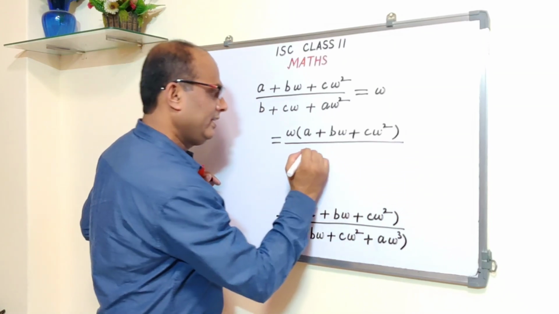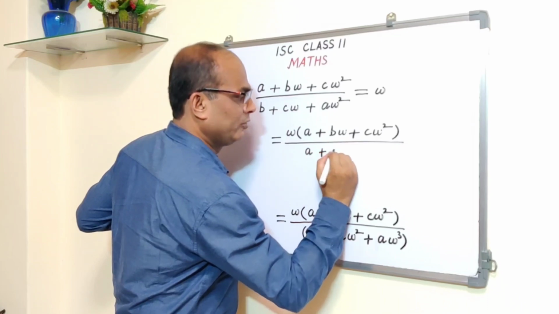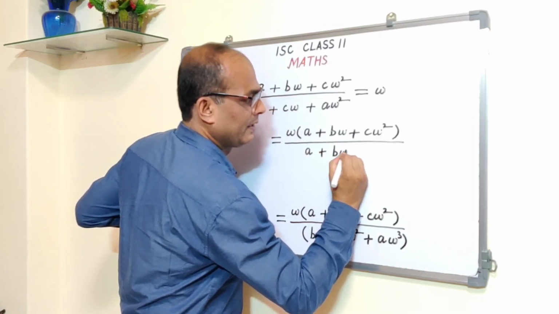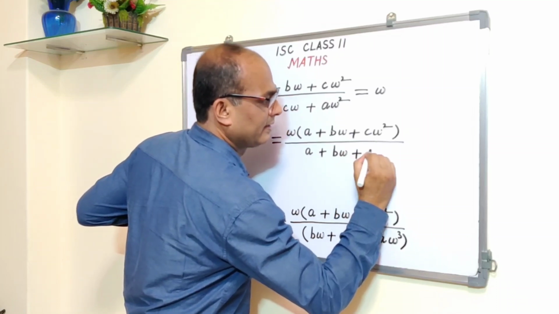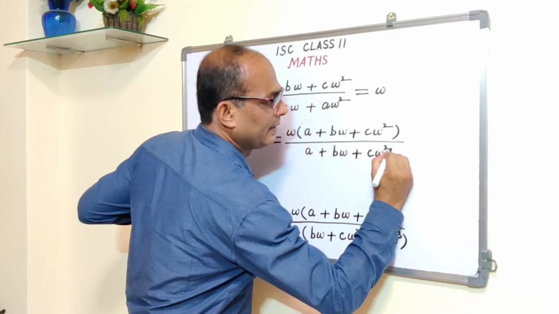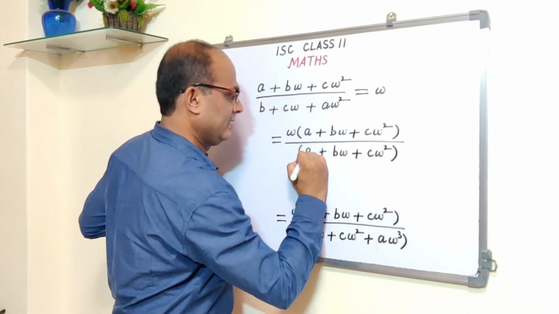We are writing A plus B omega plus C omega square. Alright? And then we are using bracket also, fine.